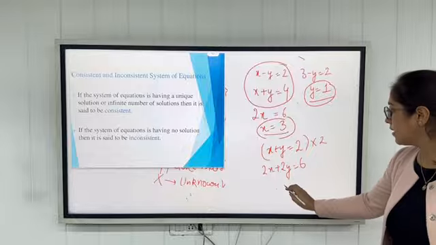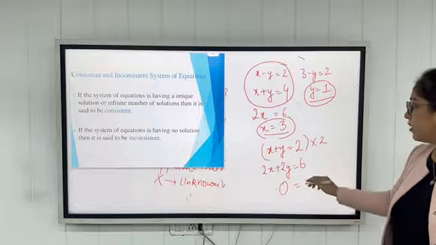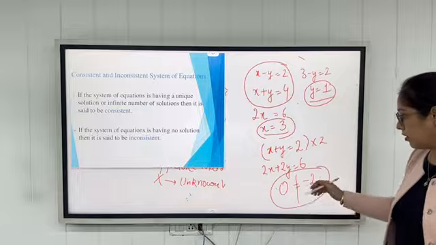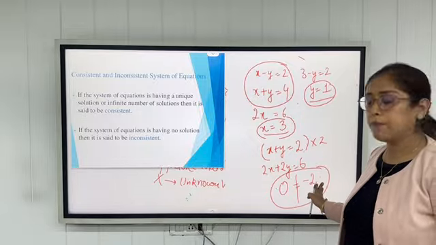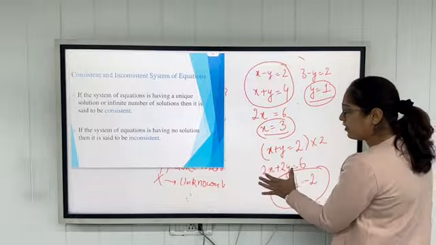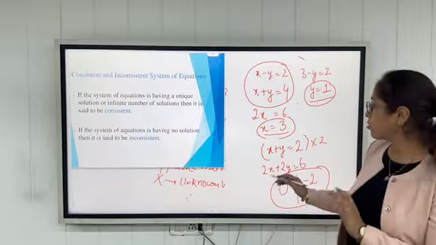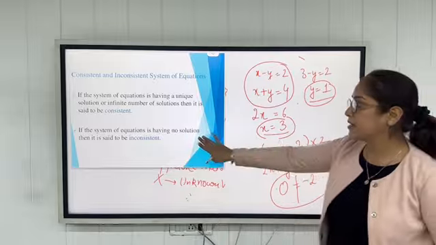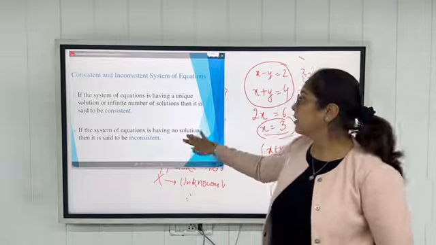In this case, you will get left hand side 0 and here you will get minus 2. So this cannot be possible. So this system of linear equations will have no solution. So we will say that this system of linear equations is inconsistent, meaning this system of equations has no solution.